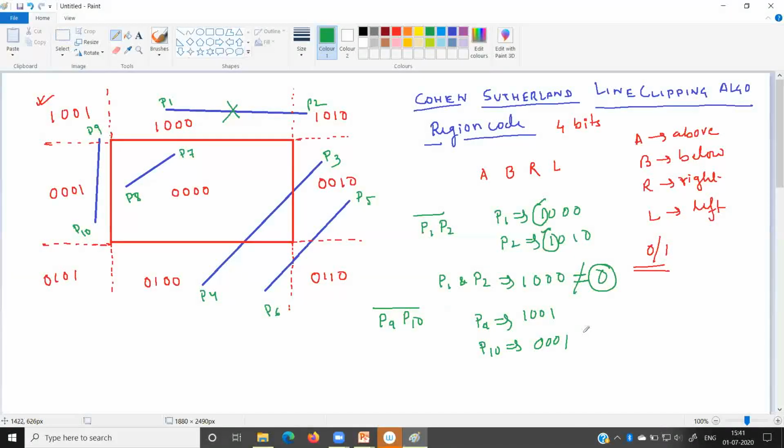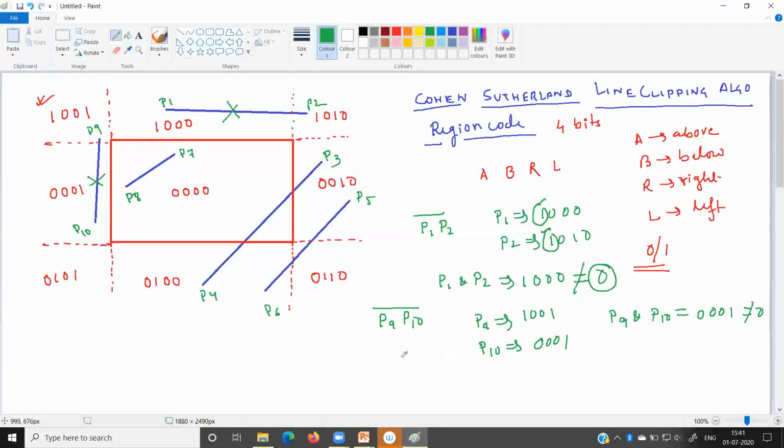As I told you earlier, you can either perform the AND operation or check the similarity of a bit position, whether two bits have the same value of one. If so, then it is outside. I am just doing the ANDing operation on P9 and P10. If you perform this ANDing operation, the output will be 0001, which is again not equal to 0. So that means this line segment is totally outside and we have to discard it.